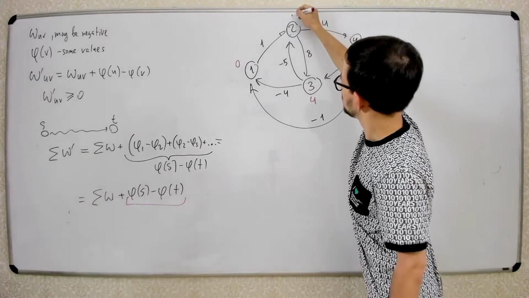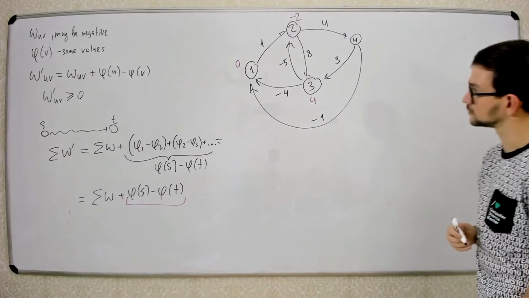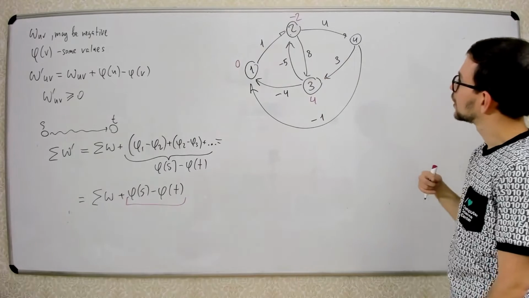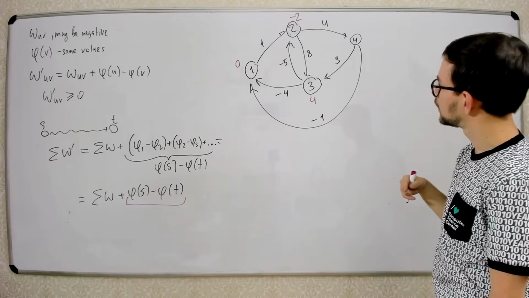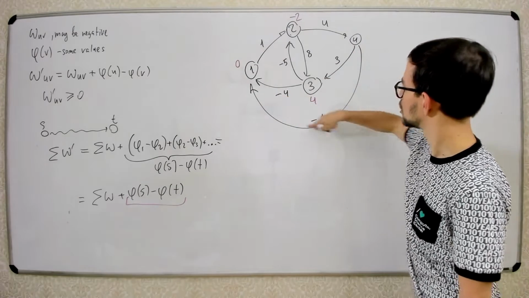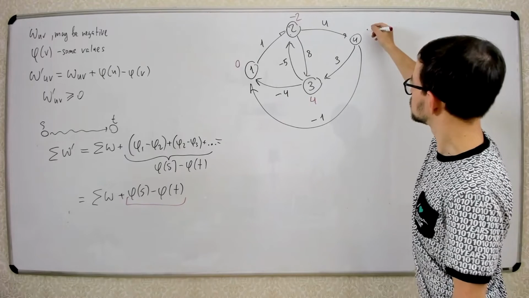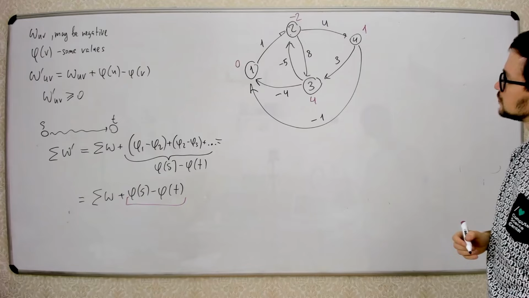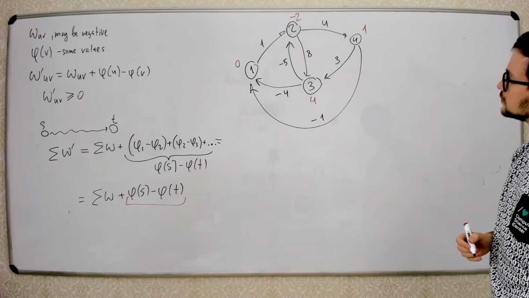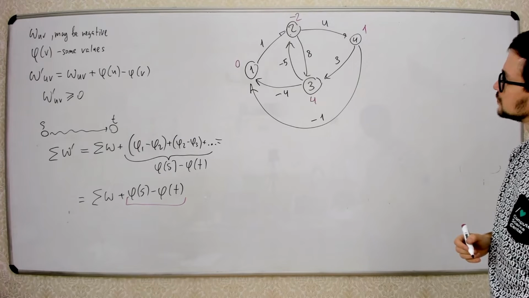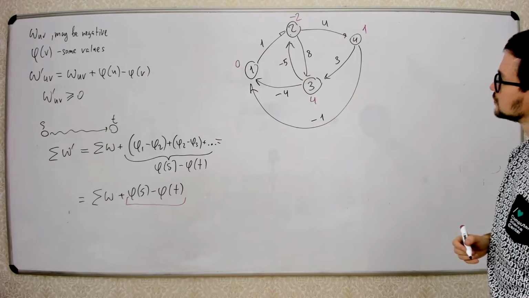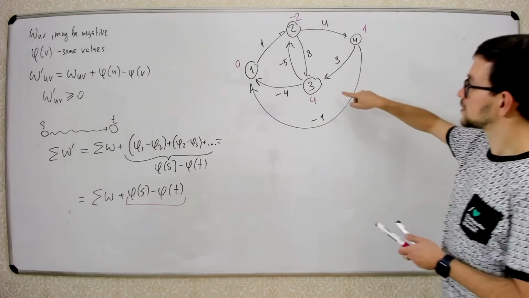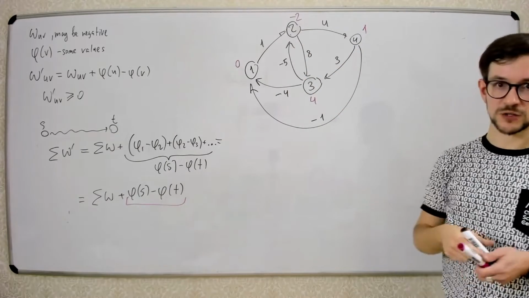I want this to be, let's say, minus 2. So the weight of this edge will be 1. Now for this edge, I want this potential to be at least 1. Yeah, I think that will work. So let's use these values as potentials.